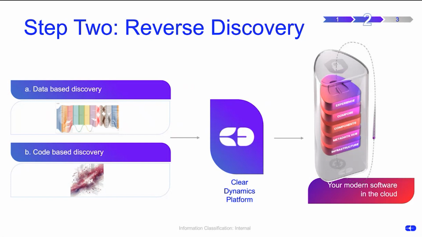And by using these two reverse discovery approaches, we generally find that we're automating anywhere from 50 to 98% of the application modernization process. So it allows us to really, really rapidly modernize those legacy applications.